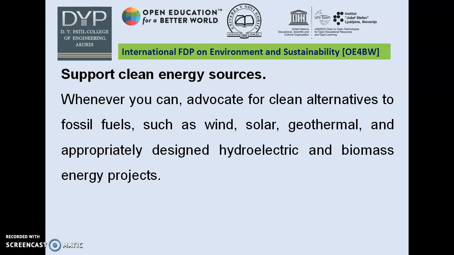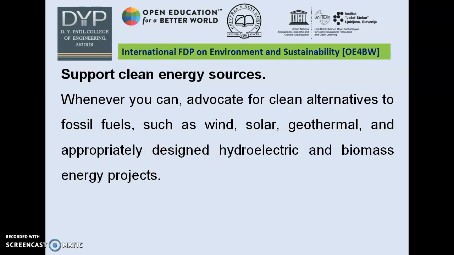For example, deserts. The Karakum is a desert on this planet which maintains daytime temperatures of up to 70 to 80 degrees centigrade. The heat maintained in that type of desert is converted into electricity. That is geothermal. It is a special process. And then there are appropriately designed hydroelectric and biomass energy projects.